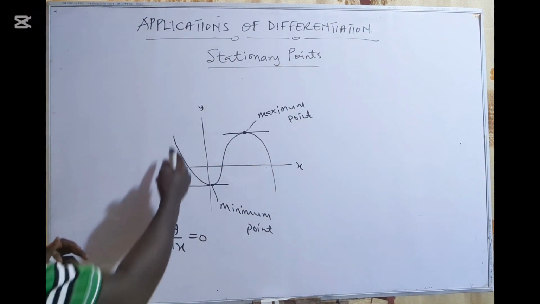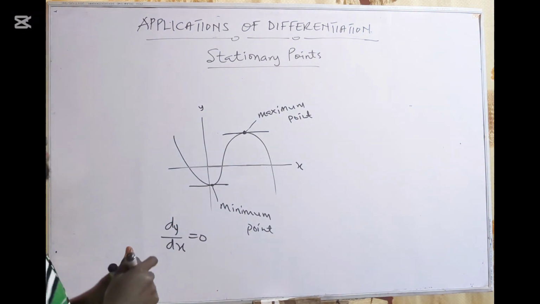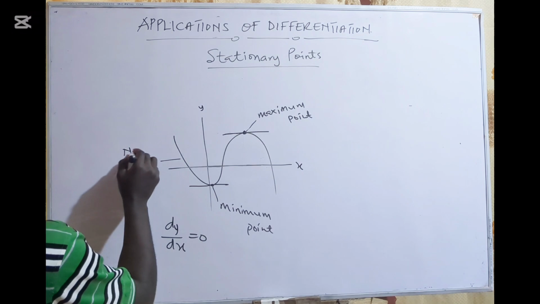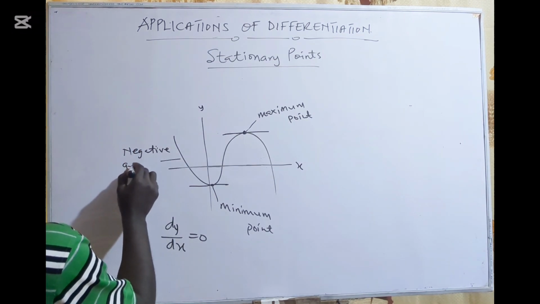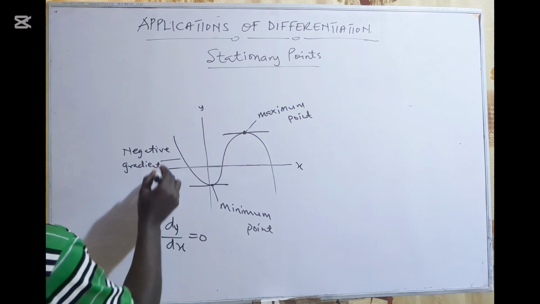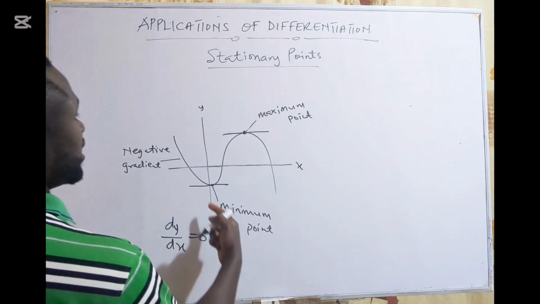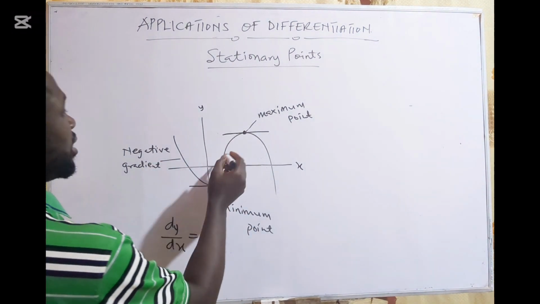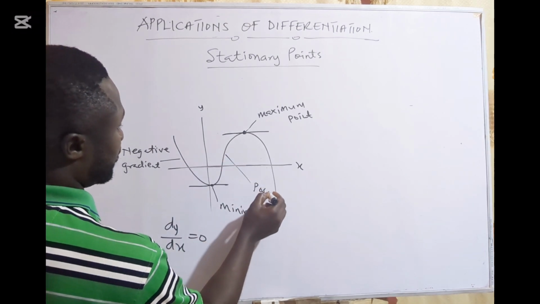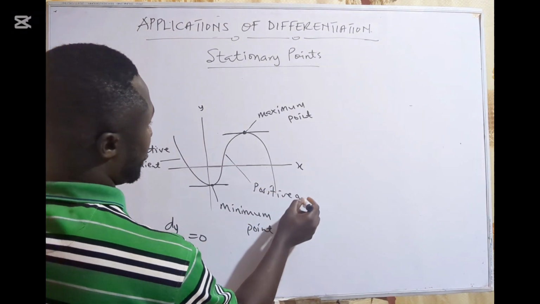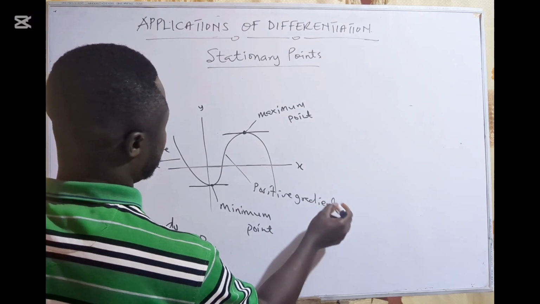And anytime the curve is decreasing, you may have a negative gradient. And anytime the curve is increasing, like this one is increasing, you may have a positive gradient.